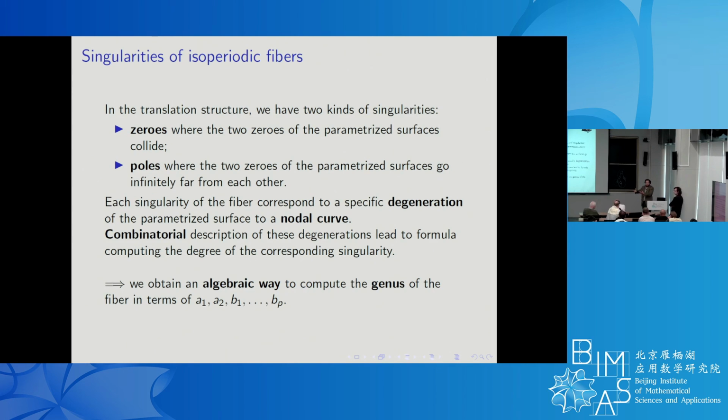But what about the special fibers? Okay, the special fibers over a resonance hyperplane are formed by translation surfaces that have degenerated. They are nodal curves. In this case, the corresponding geometric object is no longer CP1 with a meromorphic differential, but rather a nodal curve with usually two irreducible components connected at the zero of the differential.